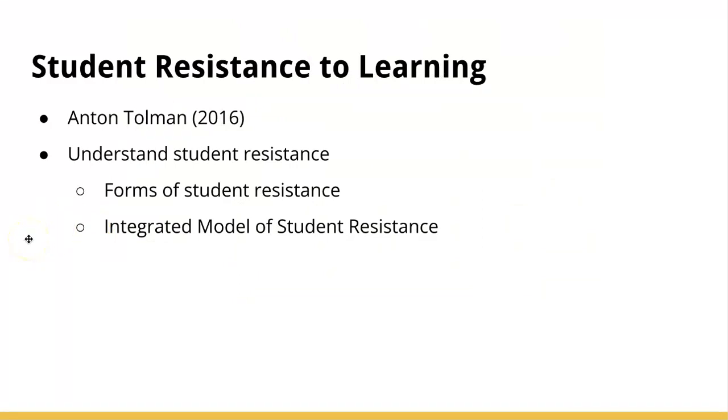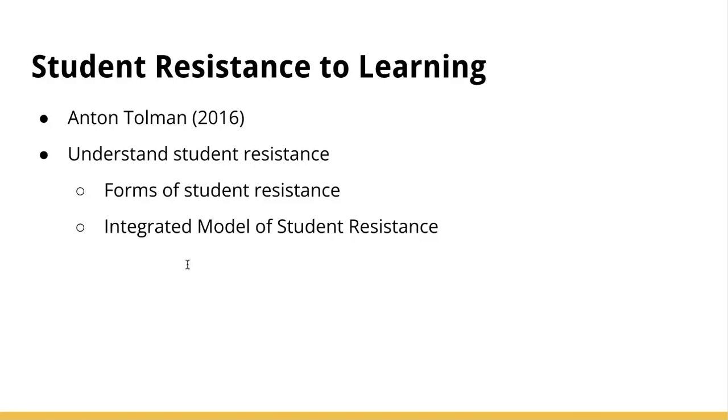The other framework that I think is useful for us is the work of Anton Tolman. He works with other writers, but he's the first author on all of the stuff. And I did link in a podcast featuring Anton Tolman that talked about his book, The Resistance to Learning. His work has been trying to understand student resistance, and it breaks down into forms of student resistance.